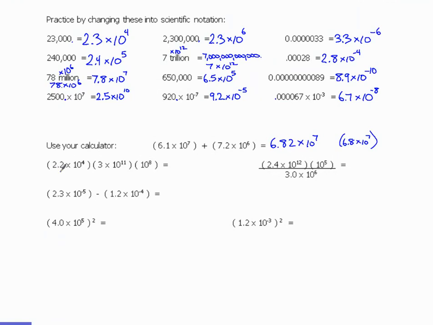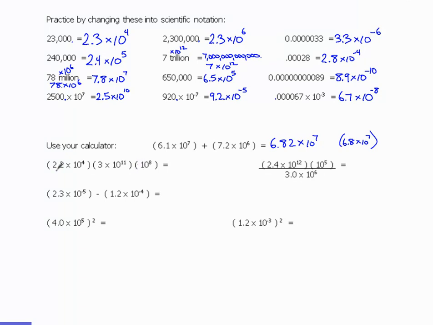Here we have 2.2 times 10 to the 4th power, 3 times 10 to the 11th power, and times 10 to the 8th power. So what we're going to do here is use our calculator. But if you weren't going to use your calculator, the first thing you would do is just multiply all the coefficients. So we have 2.2, 3, and no coefficient here, which just means a 1.